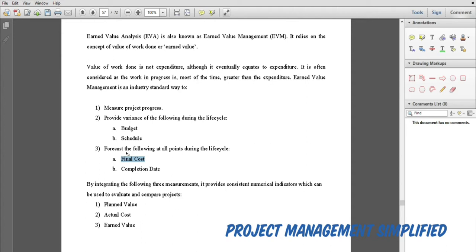According to the earned value check, we can know how much this project will cost at the end. We can also forecast the completion date. According to the schedule variance, whether ahead of or behind schedule, we can expect that this project will finish on this date.